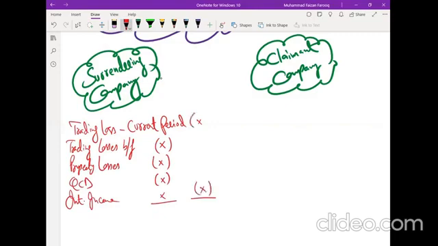Since it is a loss, this answer will be negative, and the amount will come. This will be known as the maximum amount which we can transfer to another member of the group. Maximum group relief. This is the amount of group relief which we are allowed to transfer to another company in the group. Got it?